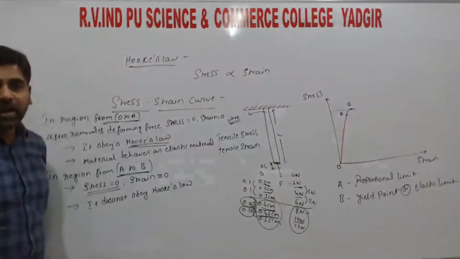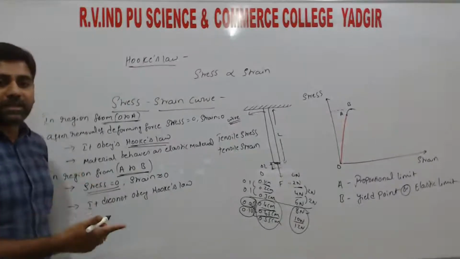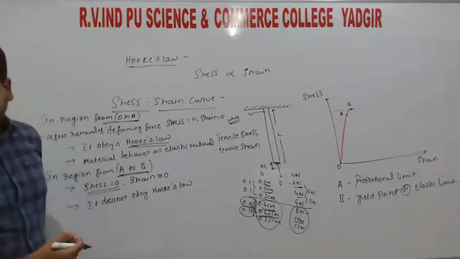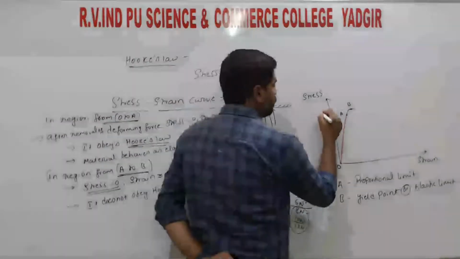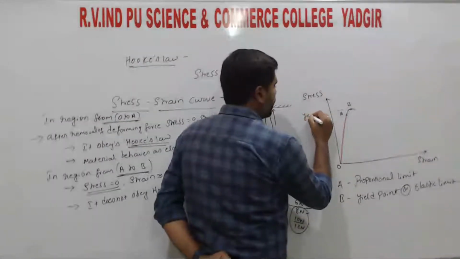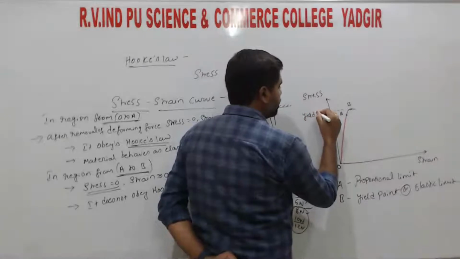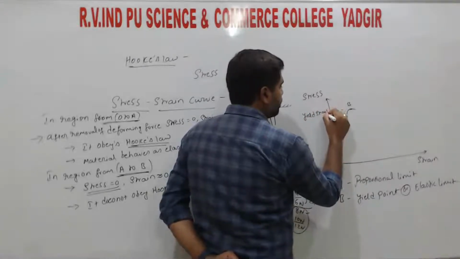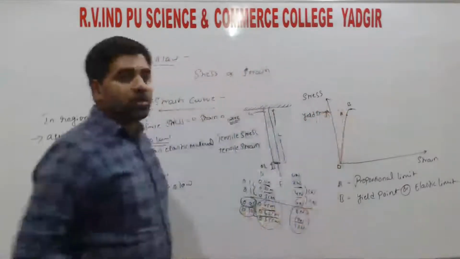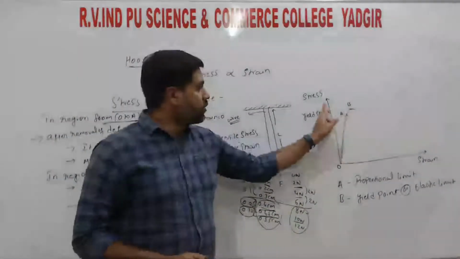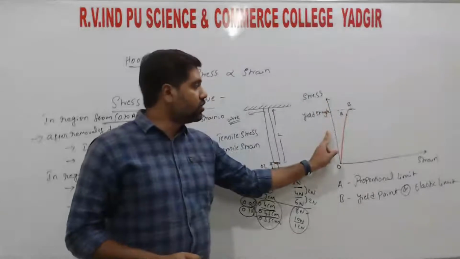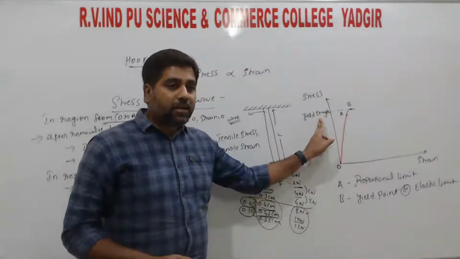So the corresponding stress we call the yield strength, right? So that point we call the yield strength. So the stress acting at this point is what we call the yield strength.